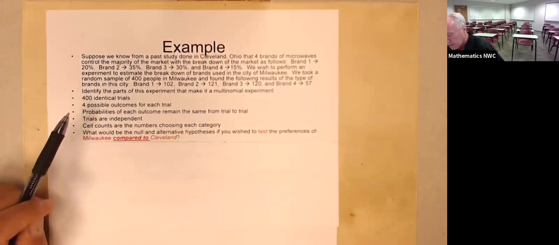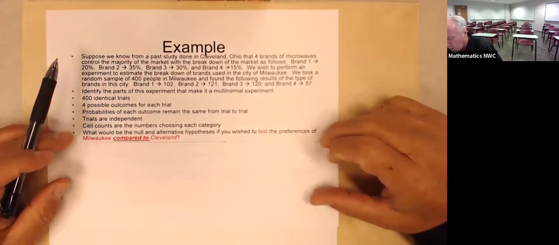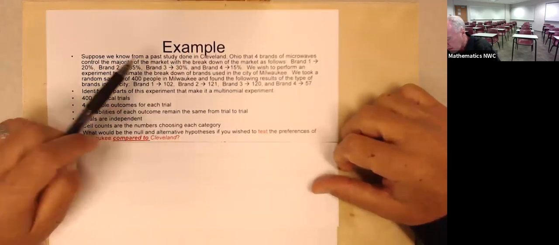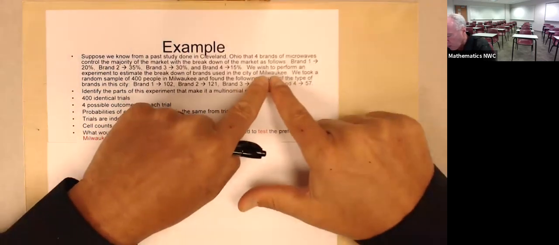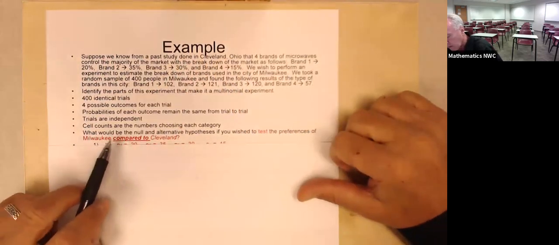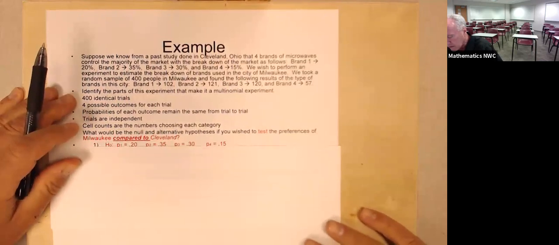Here are the numbers. Now, I'm going to start by looking at 2 possible ways we can set up a null and alternative. Only one of them fits here. This particular example was Milwaukee being compared to Cleveland. So what we do is this.